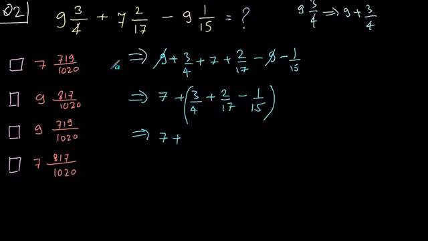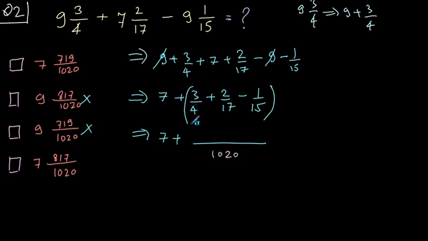Now at this point, these two options can be ruled out easily, because here there is 7 and we have a 7 here. Now if you look at these two options, both of these denominators are 1020, so naturally in our problem the denominator is anyway going to be 1020.